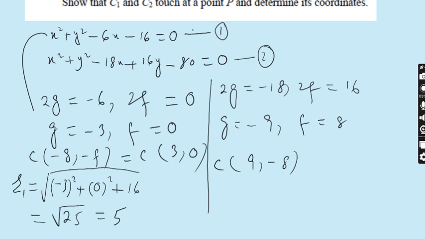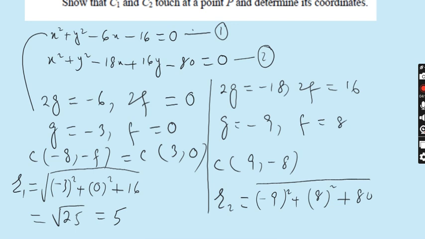This is the center of circle C2. Find the radius, assign the name R2, which is square root of g square, minus 9 square, plus f square, 8 square, minus c. C is the constant term which is minus 80 in equation number 2. So minus minus plus.